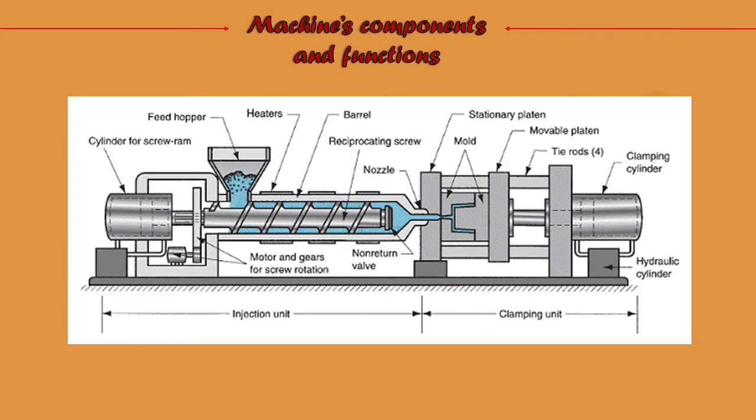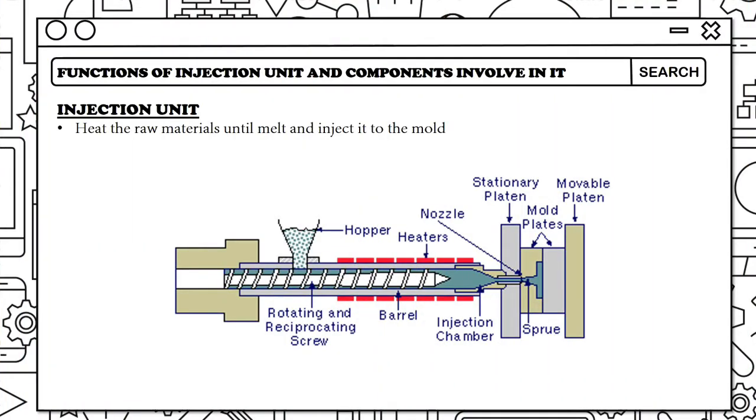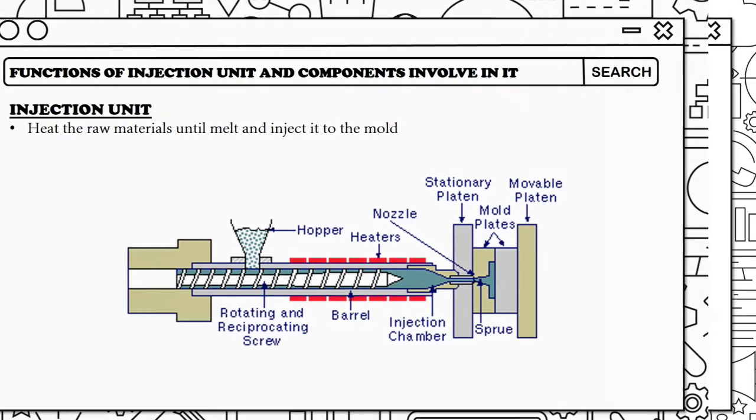One is the injection unit and the other one is the clamping unit. What is the function of the injection unit and all the components involved in it? The injection unit is used to heat the raw material until it is melted. Then, it passes the material to the clamping unit by injecting it.